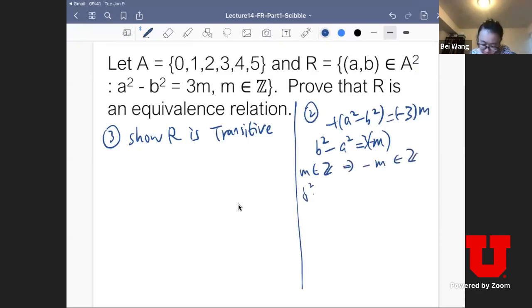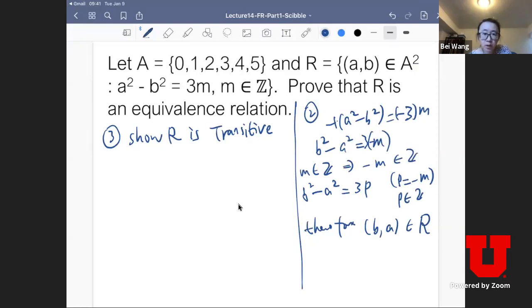So B squared minus A squared is equal to 3P, where P is equal to -M. Of course, P is an integer. So now you have B squared minus A squared is divisible by 3, which is part of the definition of R. Therefore, B, A is also in the relation.